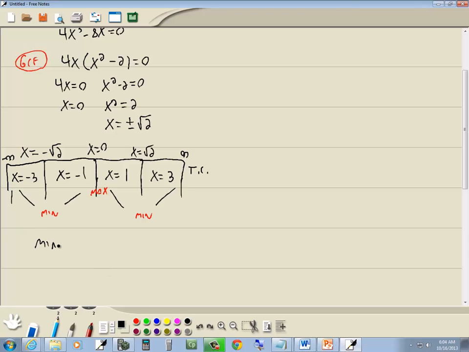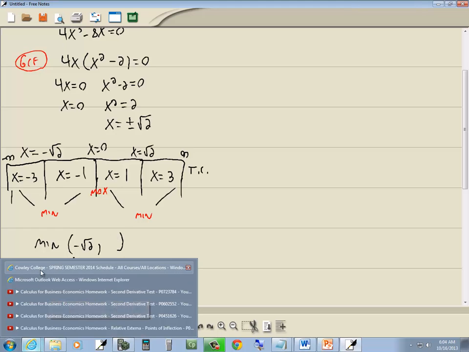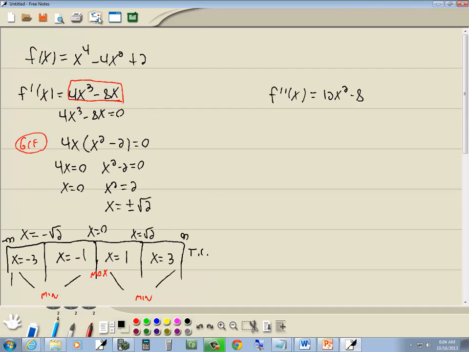So we're going to have a min at negative square root of 2 comma something. We'll have a max at 0 comma something. And we'll have a min at square root of 2 comma something. Now we want to plug those back into our original function, which is right here.